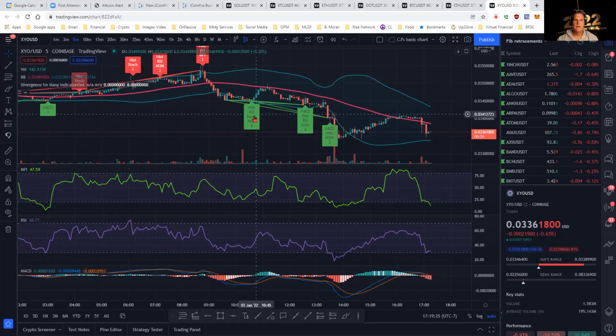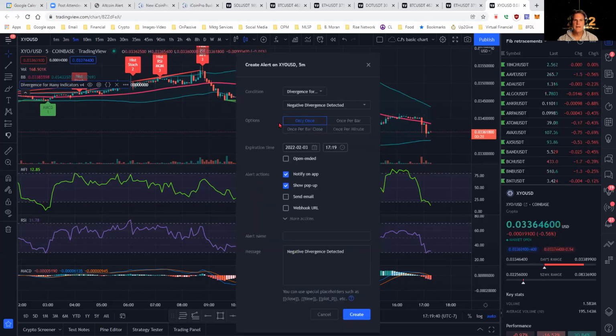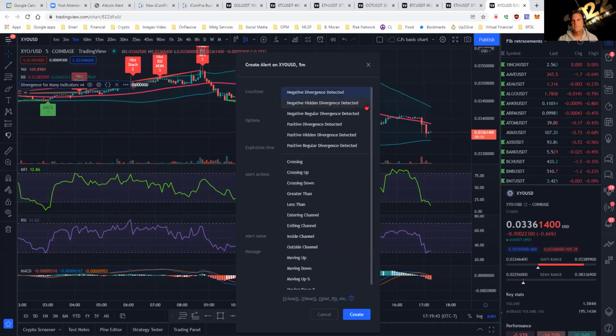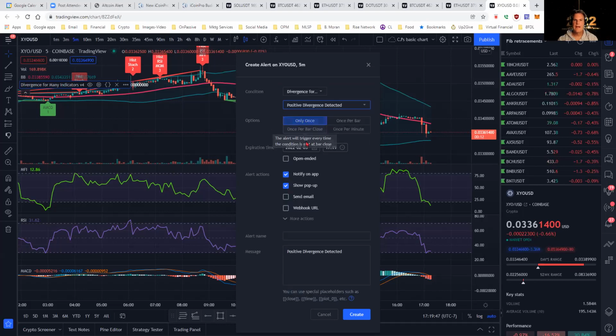If you're going to put an alert on here, you just right click on it, add alert on divergence, which is what you're looking at. Since we're looking for a spot trade, we want positive divergence. You click that, click on once per bar close. This will help avoid something that we call repainting.